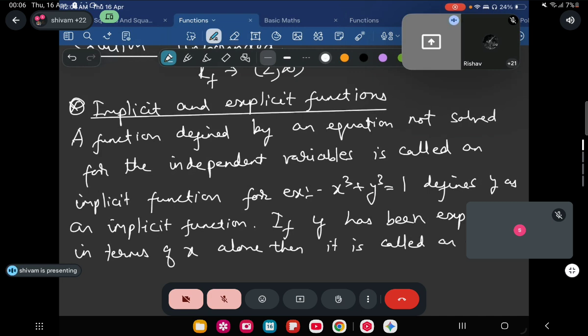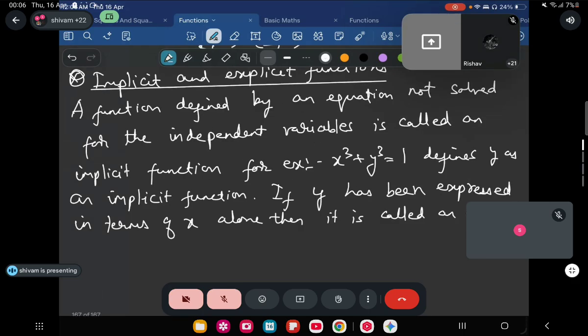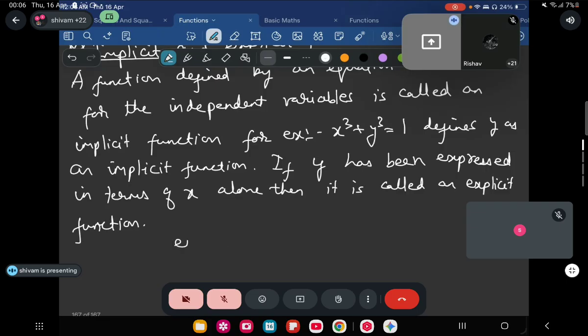Means if you make y the subject of the formula and express y in terms of x, then it is called an explicit function. For example, y is equal to f of x equals x square plus 2x plus 3 is an explicit function.